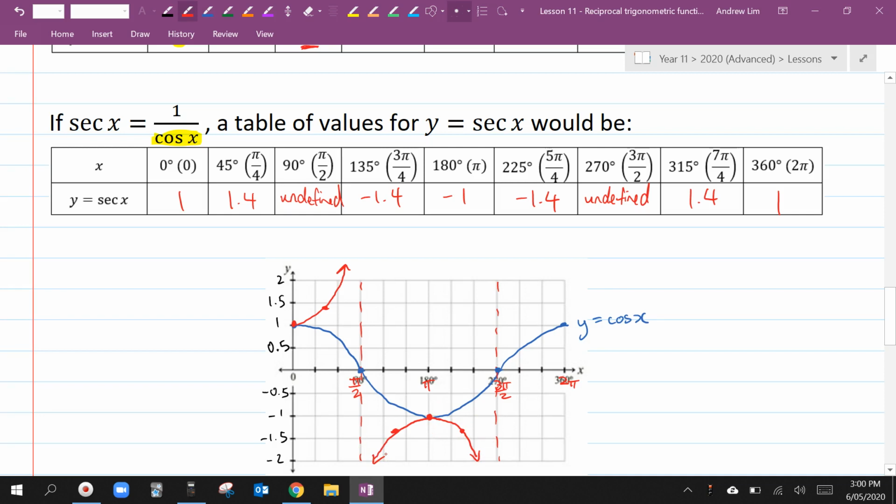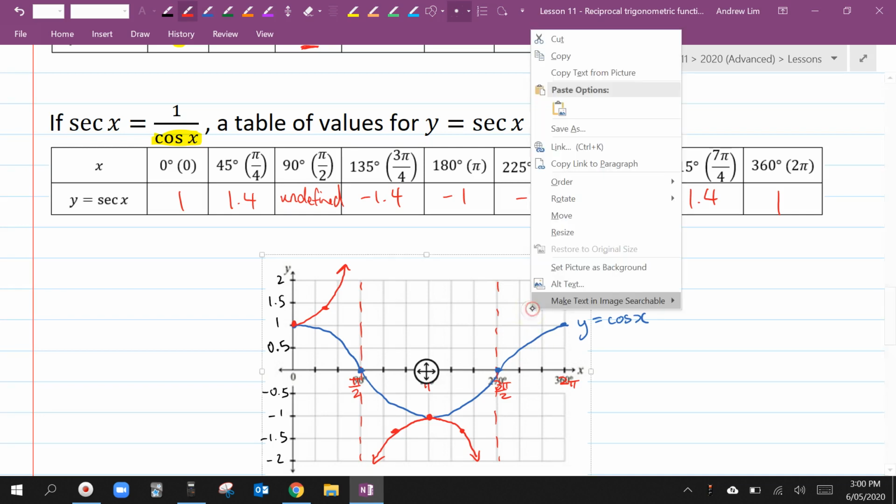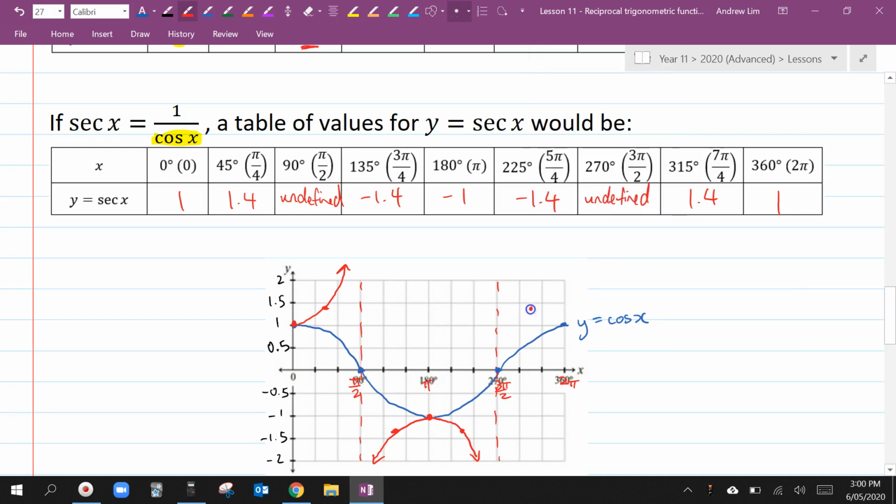And 315 degrees is 1.4, and 360 degrees is 1. So it's going to be the other half of this bit. So if we had the negative angles, it'll probably look something like this.